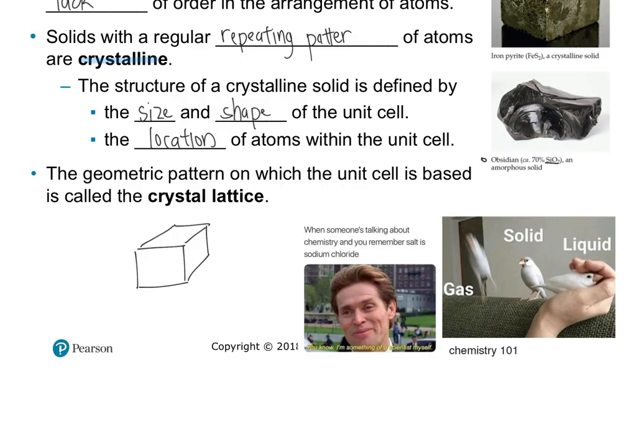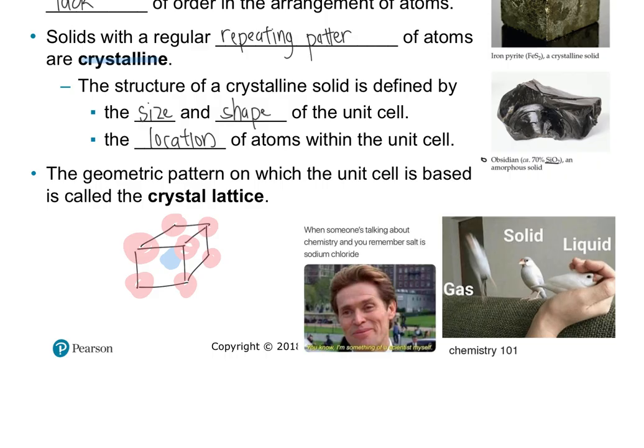And basically it is the smallest repeating unit that, if we stack it in 3 dimensions, can produce the entire crystal structure. So that might look like having one atom in the very center and 4 atoms on each vertex that are holding them in. We'll look at some other ones in here.